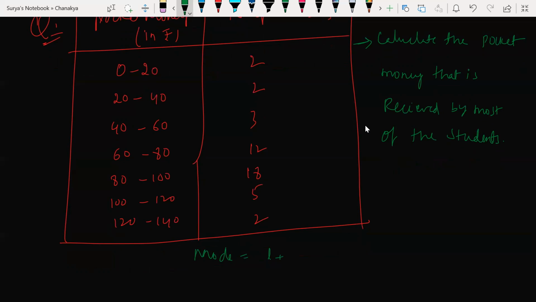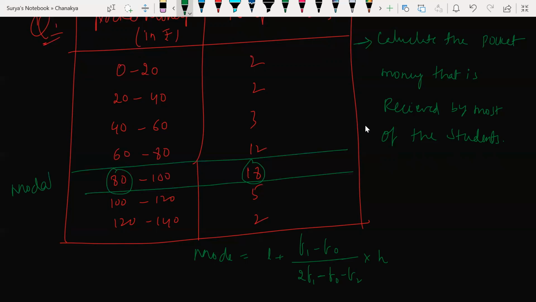Mode = L + (F1 - F0) / (2F1 - F0 - F2) × H. First I check the maximum frequency, which is 18, so I select that particular class. L is 80, the lower limit of that modal class. This is my modal class. Yes or no? 80 is my modal class.